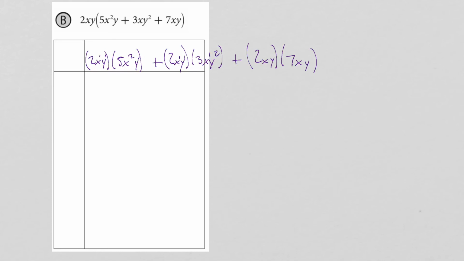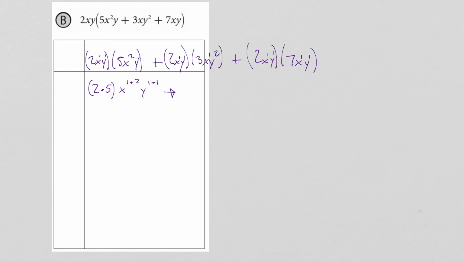The power implied is 1. So when you start to multiply this out, you have 2 times 5, and then x to the first times x squared, so that's x to the 1 plus 2, and then y to the 1 plus 1. Well, because we're going to take up all this room, let's just figure out one term at a time. How about that?